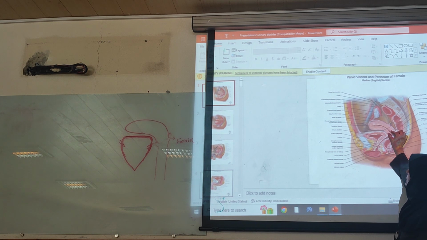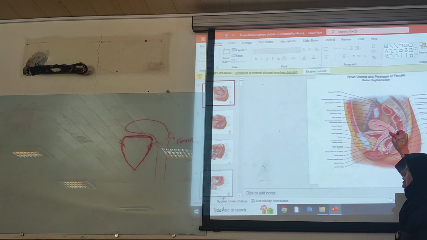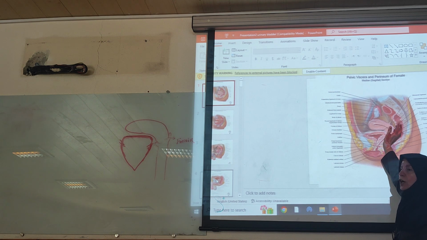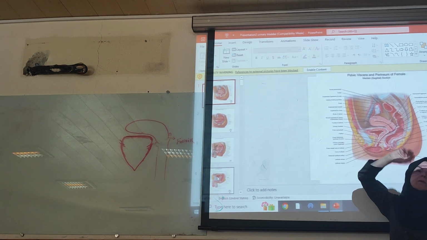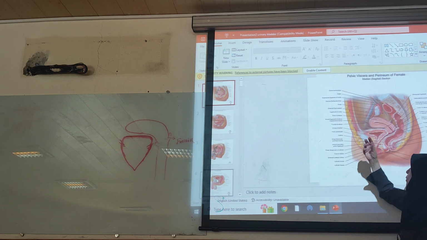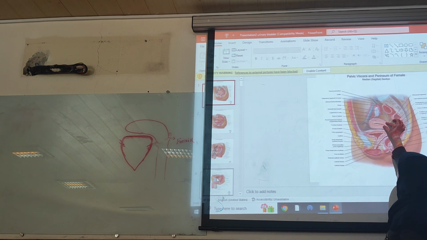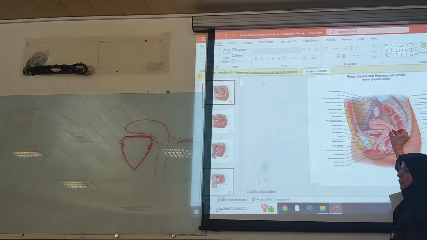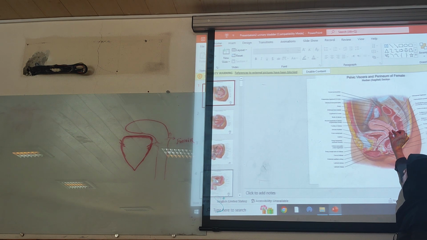Cervix of the uterus. Posteriorly, the cervix of the uterus is covered by the peritoneum. Anteriorly, the cervix is never covered by the peritoneum. Can you imagine? The body of the uterus is completely covered by the peritoneum. We know here is the body and here is the neck or cervix of the uterus.